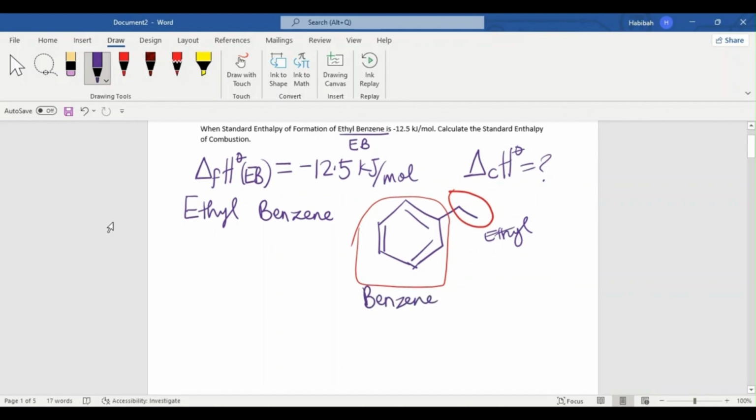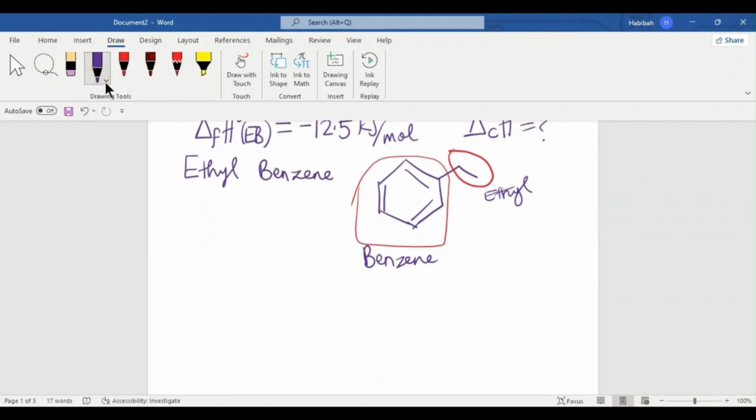Some of you may be wondering why I'm talking about every single thing so intensely. It's because I want everyone to be on the same page, because you need to get every single part of this information in order to do well. So we're going to count how many carbons and how many hydrogens we have, so that we're able to do the reaction. One carbon, two, three, four, five, six, seven, eight.